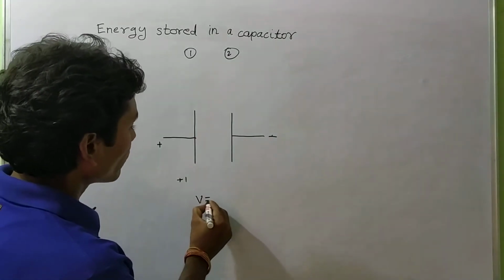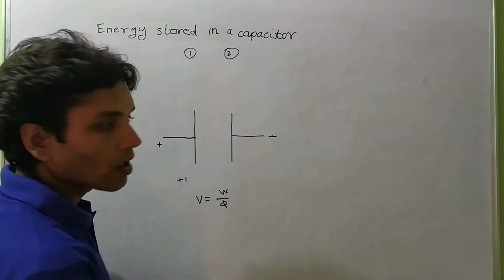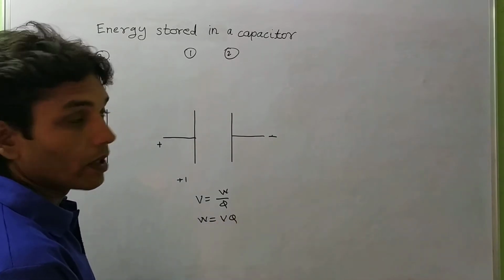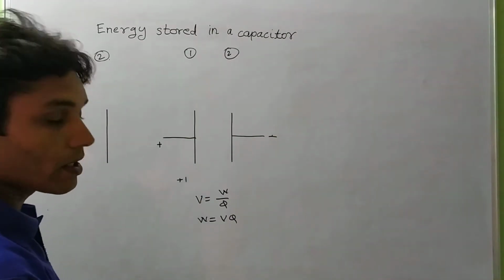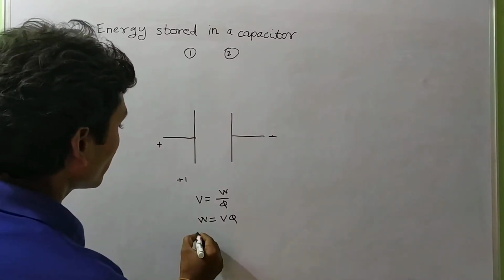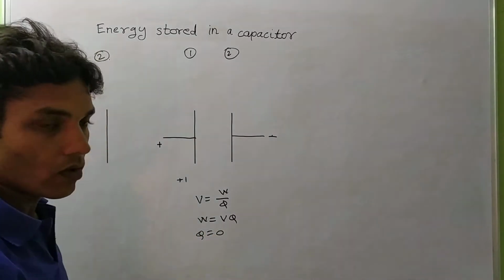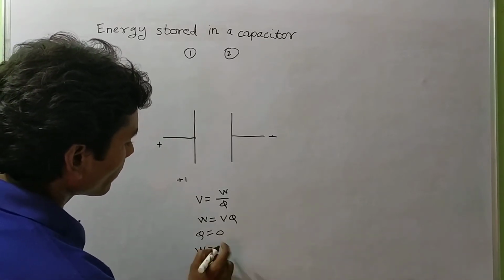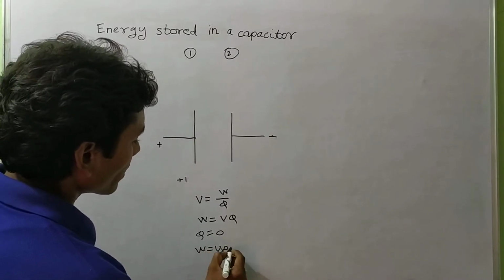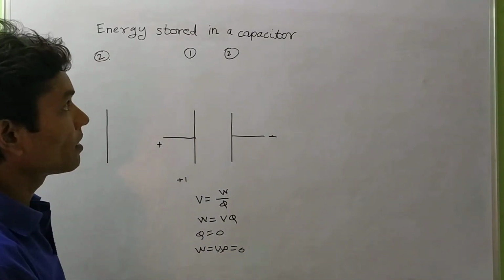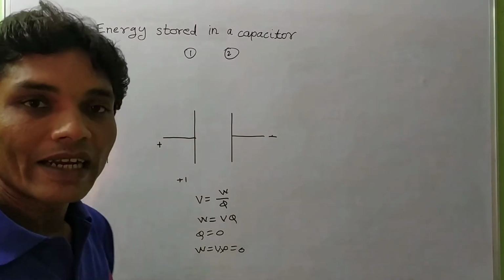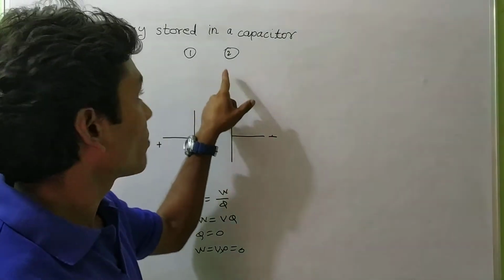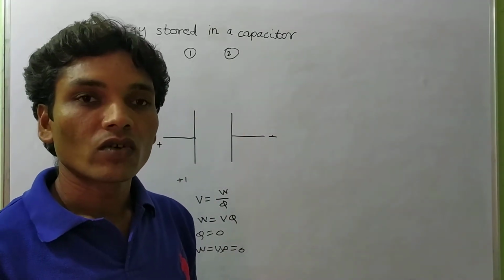Because you know that V equals W upon Q, or W equals V into Q. Because on the surface of both plates of the capacitor, charge is 0, W will be equal to V into 0, which equals 0. It is clear that on applying the first bit of positive charge to the first plate of the capacitor, work does not have to be done.